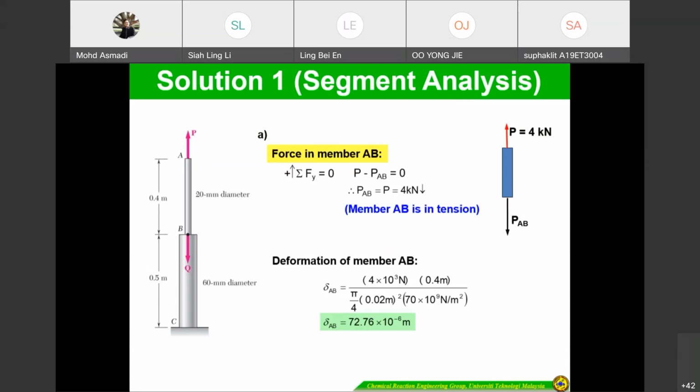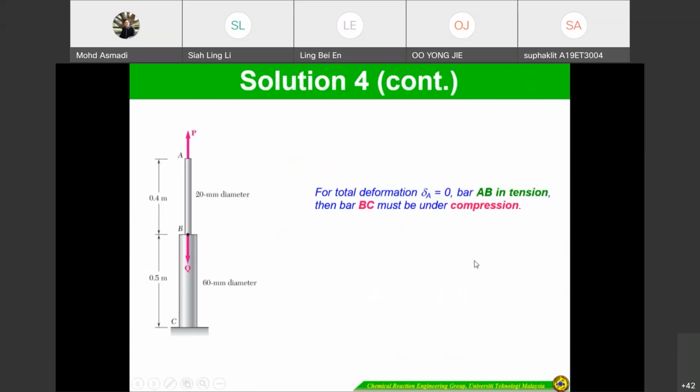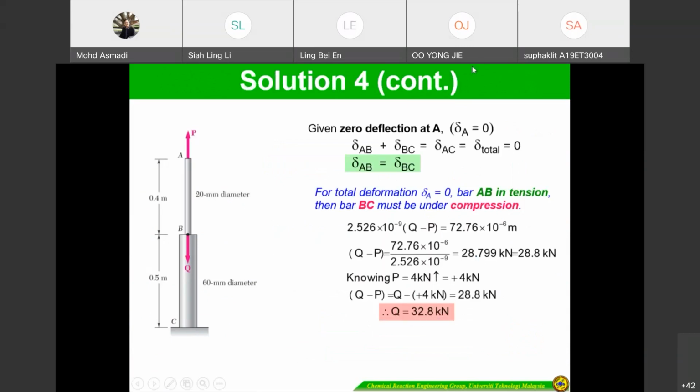What we have to do is determine the force for member AB as well as BC. This is equation 1, and equation 2, because we substitute this one. The total deflection is equal to 0, equal to delta AC.